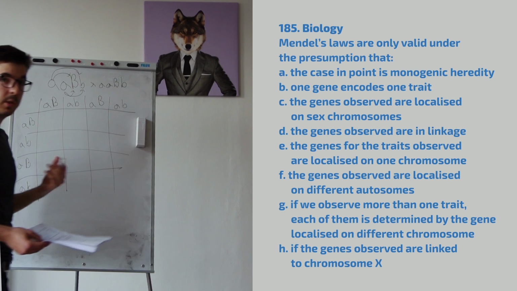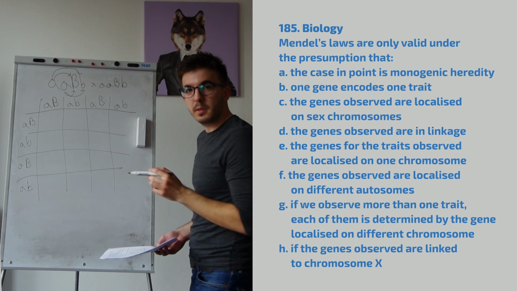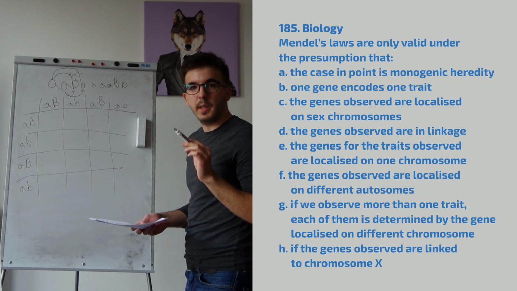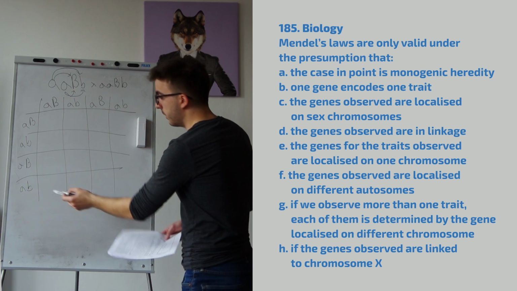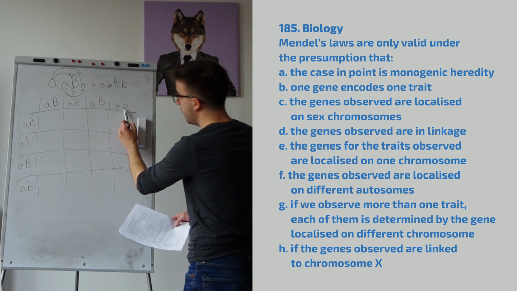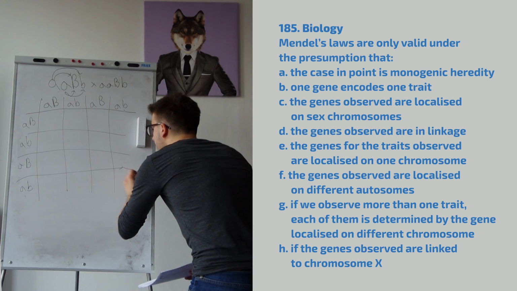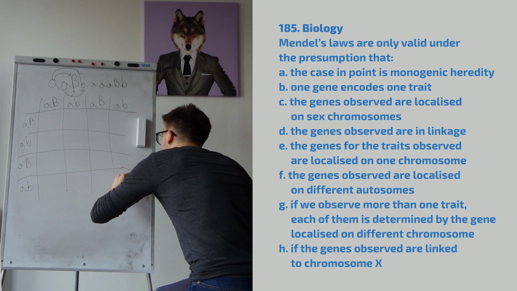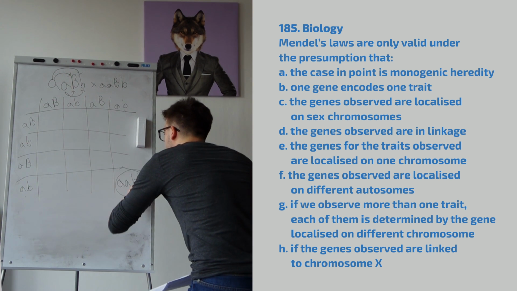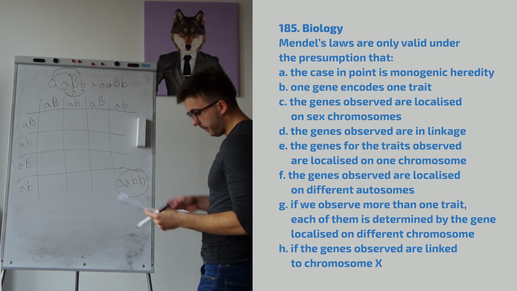And now, if you just want to save time and you don't want to have to go through the whole Punnett square, all you're looking for is just one recessive homozygote, which you can find if you just go from this little a little b to this little a little b. So just in this corner, you will have the answer you're looking for. Which is going to be one of the correct answers.